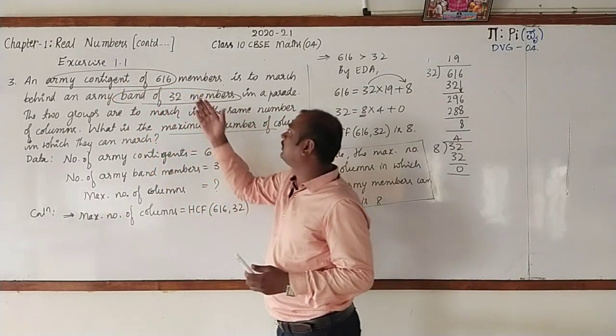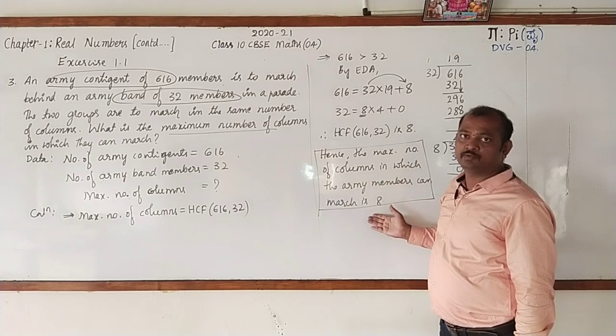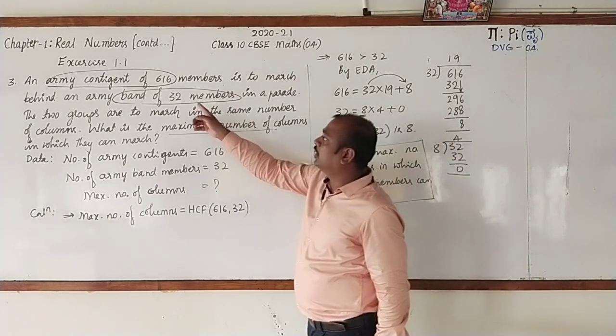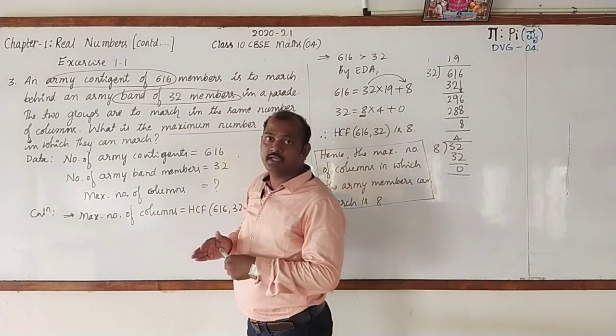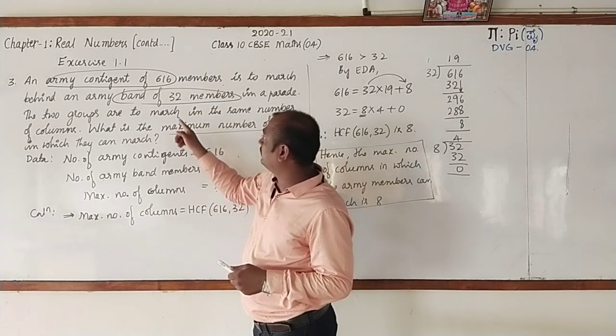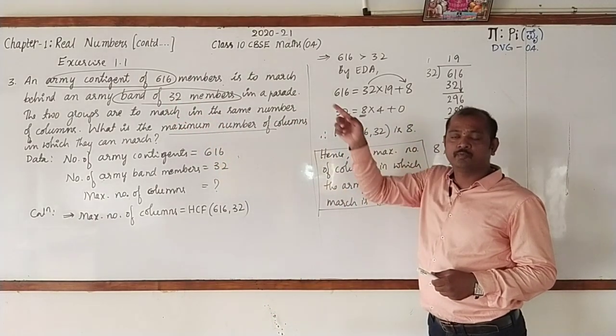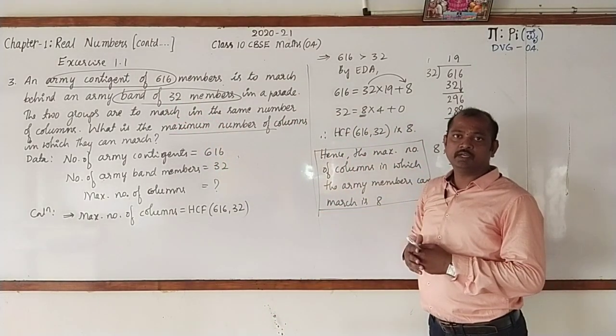Very simple. When you divide 616 by 8, you will get a number. Then how many army band members will be there in one column? 32 is there. 32 by 8, 4. 4 will be there. Got it?